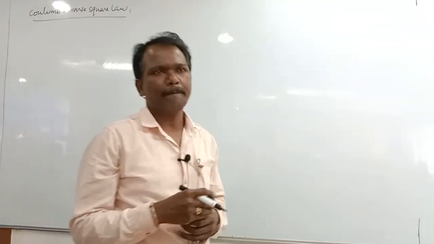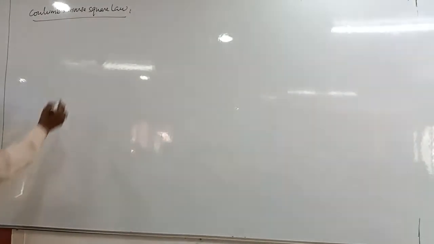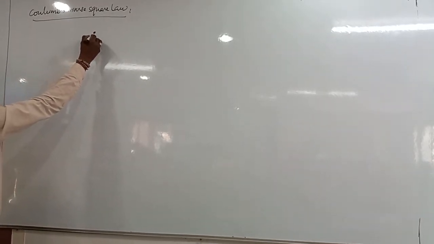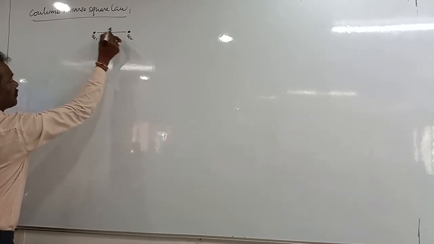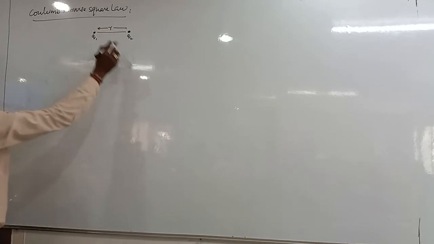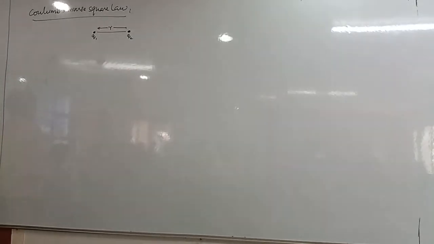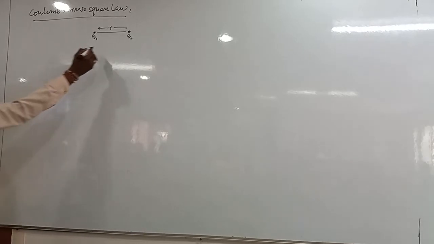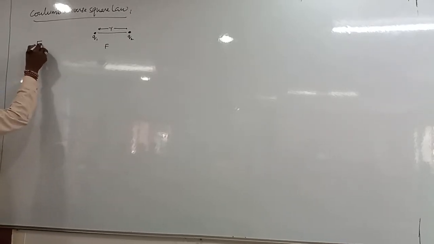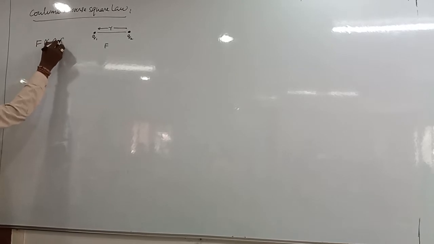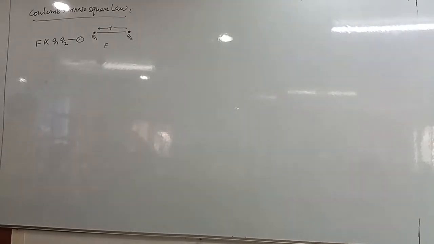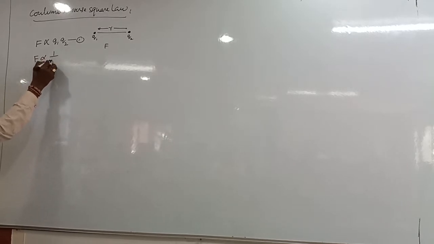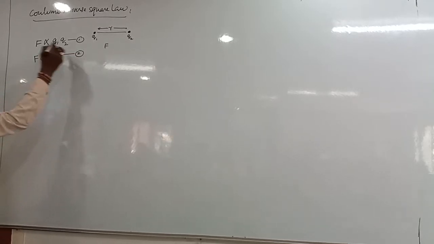Coulomb's inverse square law. What it says? Force between any two charges separated by r distance, then the force is directly proportional to the product of their magnitude of charges, right, and is inversely proportional to the square of the distance between them.